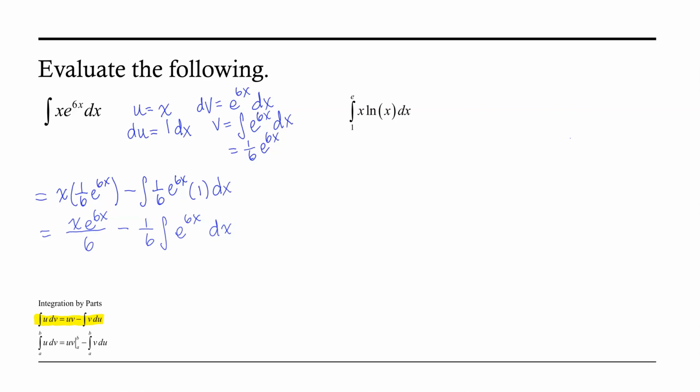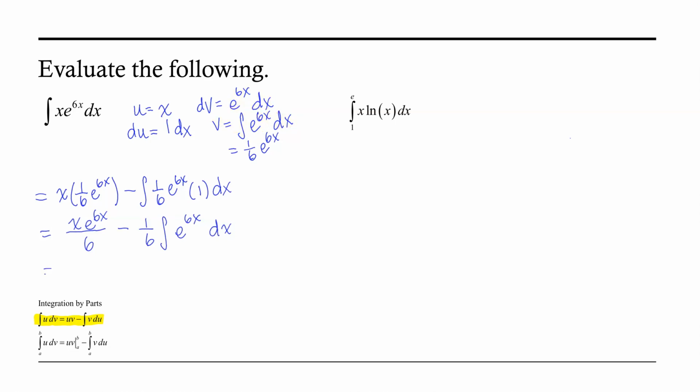So at this point, I've got x times e to the 6x over 6 minus 1/6 times the integral of e to the 6x. And what I can notice is that this integral I'm left with is basically what I had to do way up here when I set up my u dv and my v du. I'm just going to use that information to help me finish out this integral.